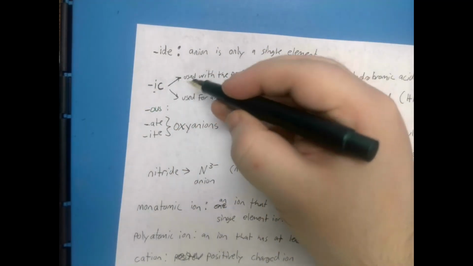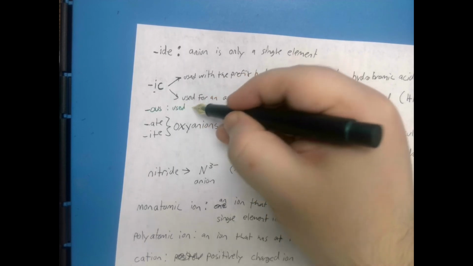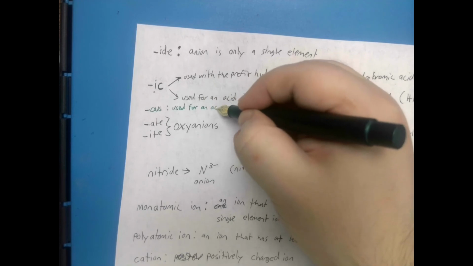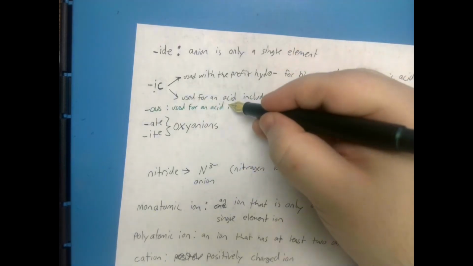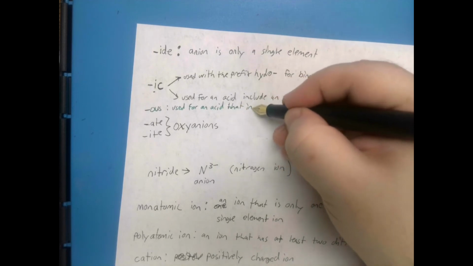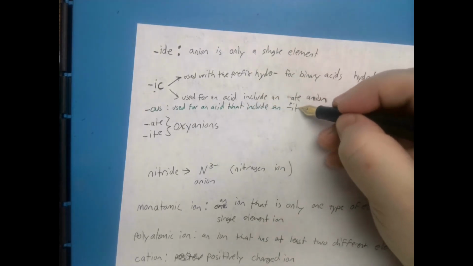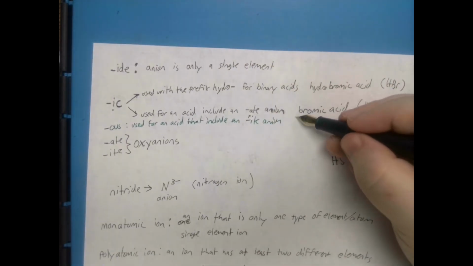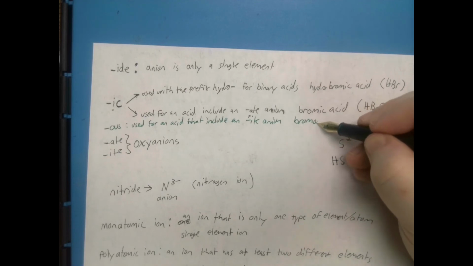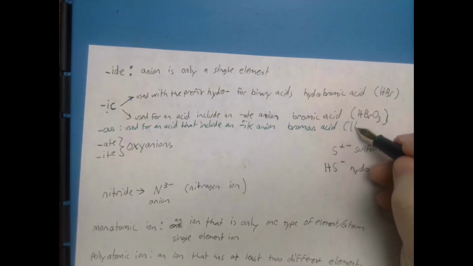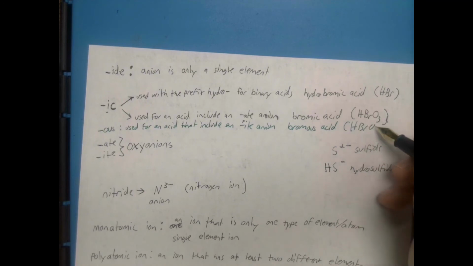That is used for acids that include an ite anion. So bromous acid would be HBrO2.